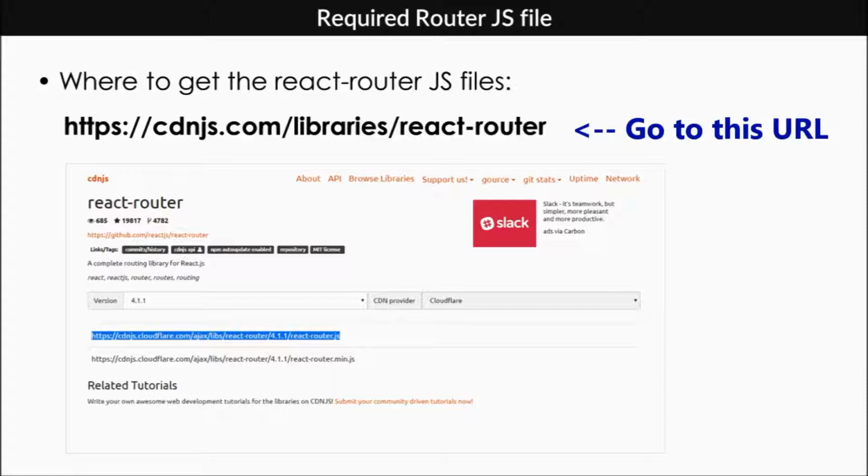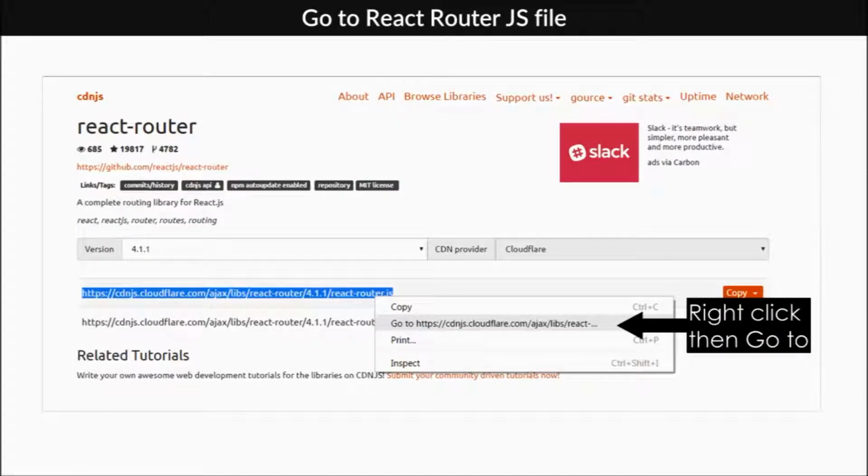So the important question, where did I and where can you get hold of this React Router JS file? Well, here's where you start. Libraries, React Router, here's what the screen would look like. And here's what I did, to get a local copy onto my machine, because I like to have it on my machine, because then I've got a fixed environment and I know what I'm playing with.